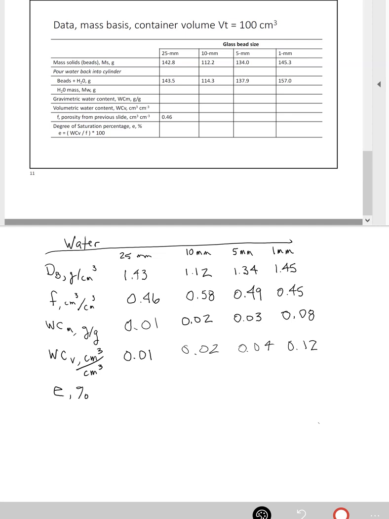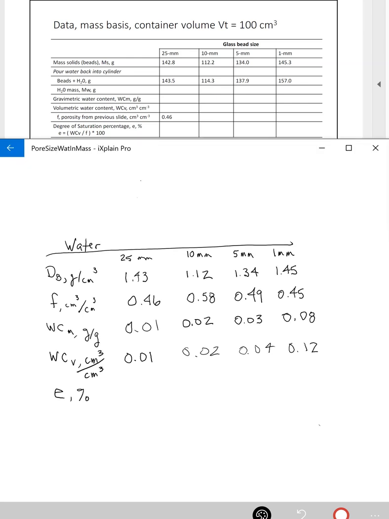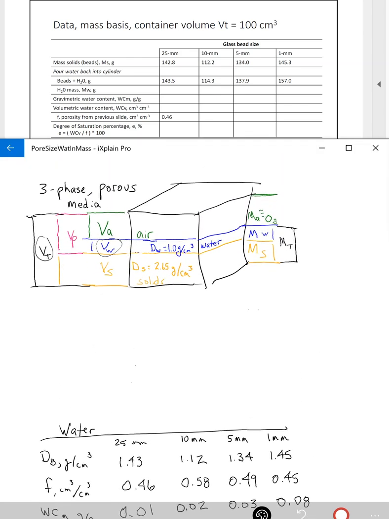That leaves us with one more calculation to do. Since we calculated the porosity on the previous example, we need to do the degree of saturation, which is going to be expressed as a percentage. It is the amount of the pores that are filled with water.